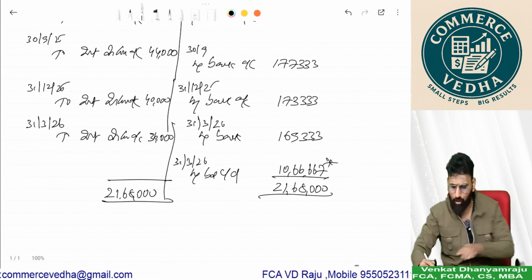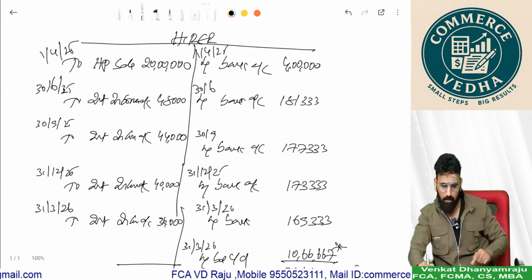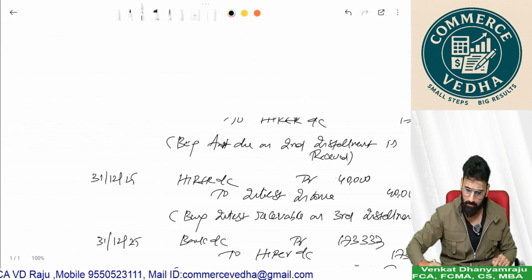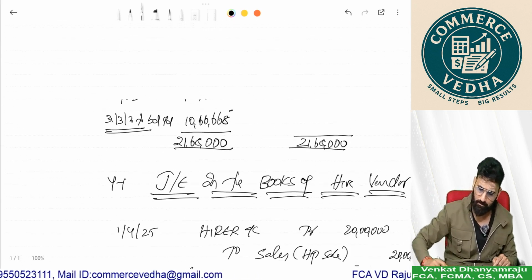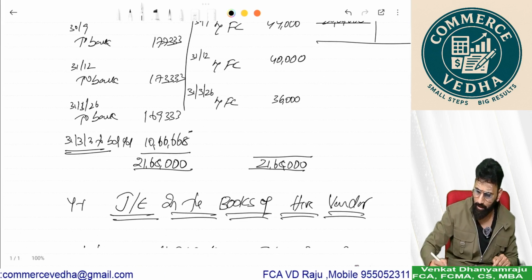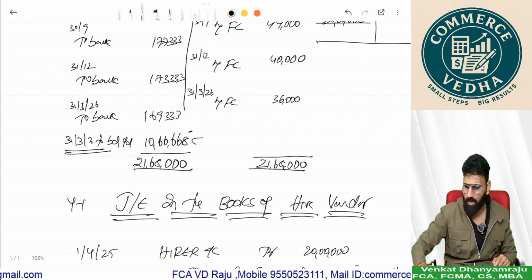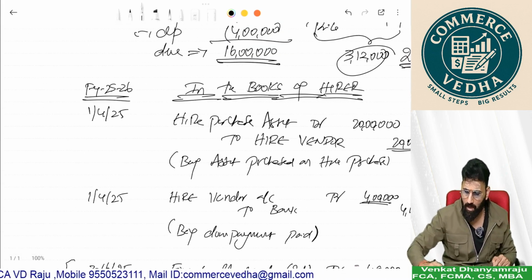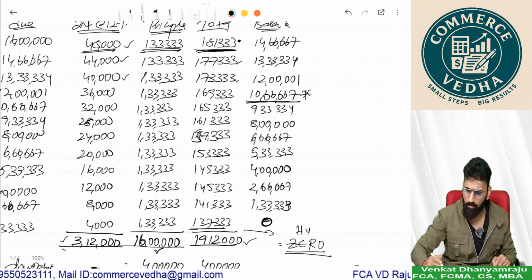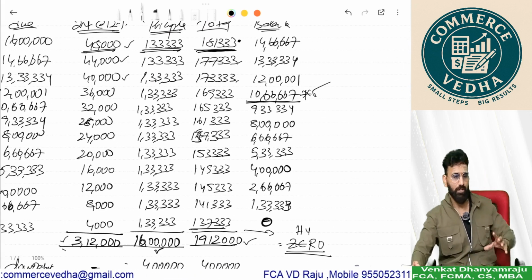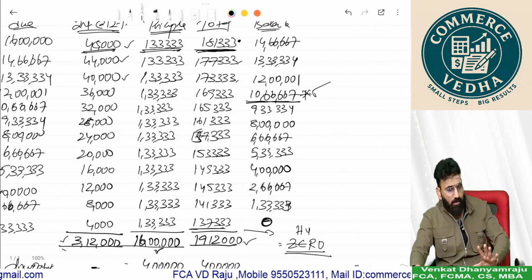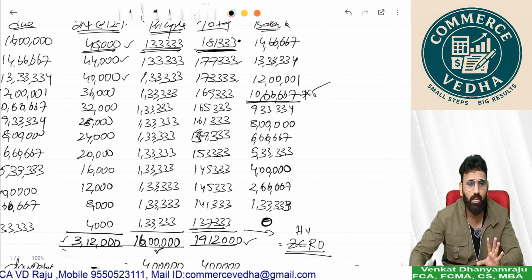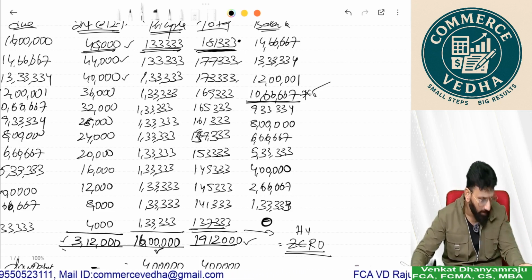So here it is a debit balance, right? And here it is a credit balance, exactly matched with your workings. At the end of the fourth installment, it is 10,66,667. So this is the process of accounting for hire purchase in the books of hirer and in the books of hire vendor.